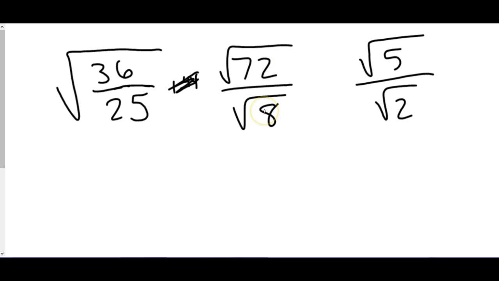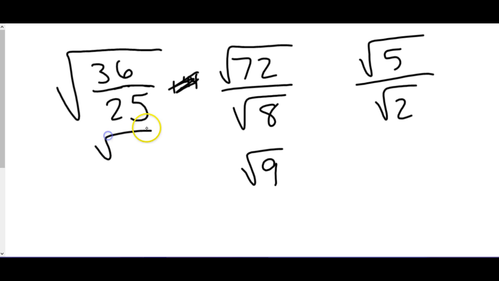Whereas on the second one, if I did 72 divided by 8, I can actually do that. 72 divided by 8 would be 9. Now you also notice they each have the square root in a different spot. This one, the square root is around everything. This one, each piece has its own square root. Well, you can actually move that back and forth as much as you want.